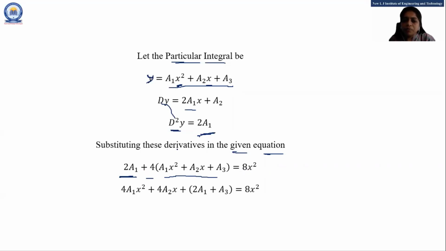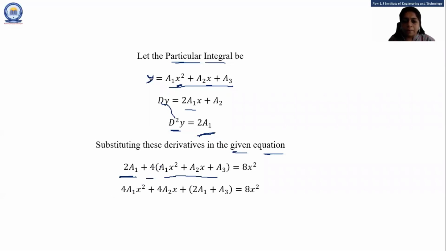Got it, everyone? We have to just substitute these derivatives, d square y and y, in the given differential equation. So after simplification, 2a1 plus 4a1x square plus 4a2x plus 4a3.